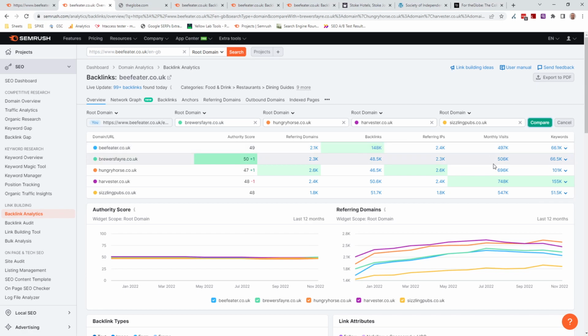However, I would never quote these to a client because they will look in Google Analytics where they've got more accurate data, and they'll say, well, we don't get that many monthly visits, so maybe all of this data is also wrong. So it can be a bit of a help to us when we're looking at competitors and where we think they stand, but again, this is a guess.